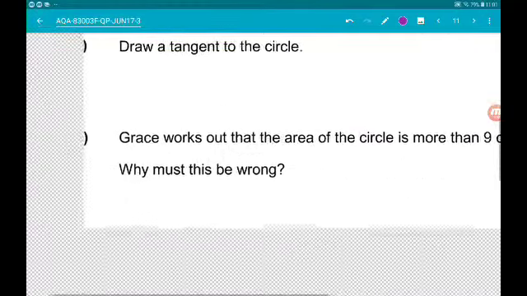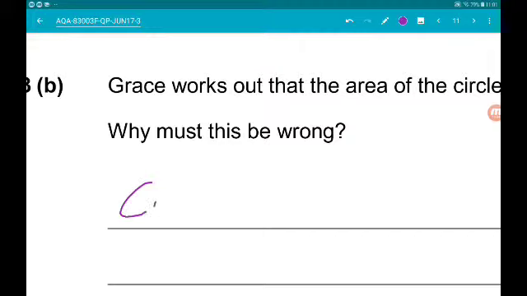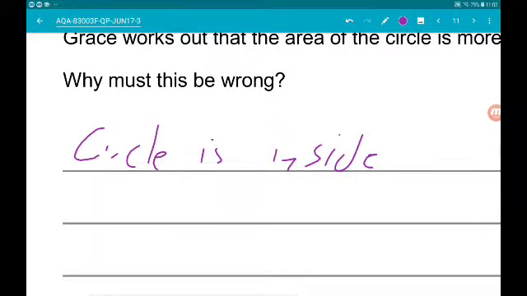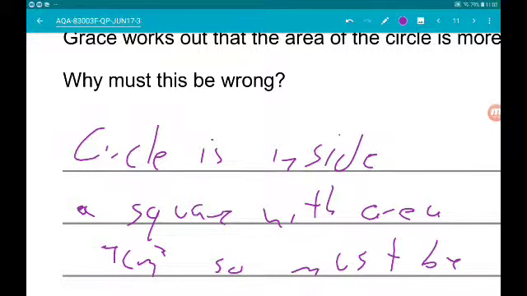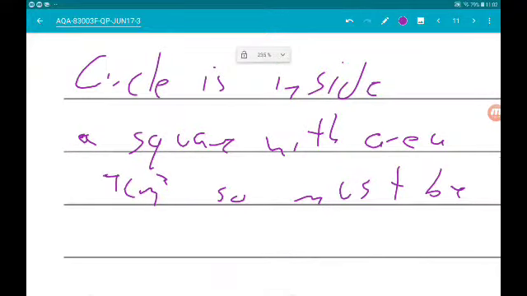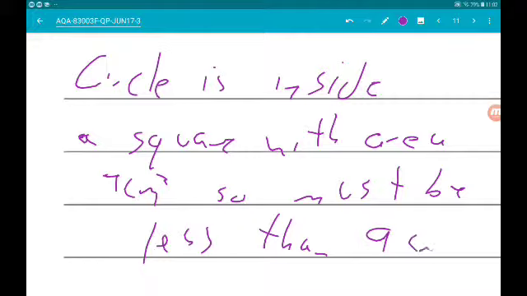So the circle is inside a square with area 9 centimetres squared, so it must be less than 9 centimetres squared. Cool.